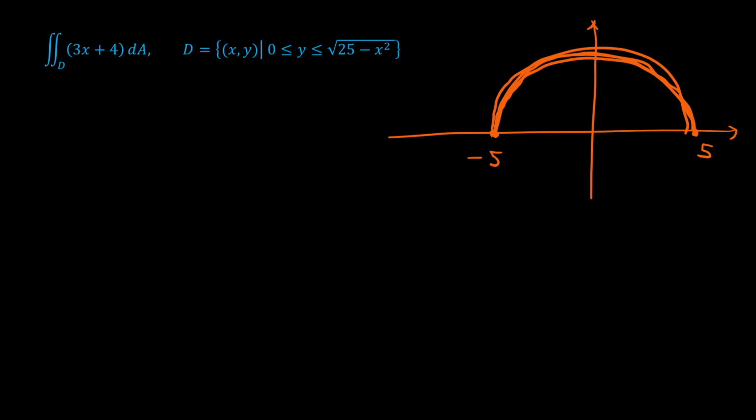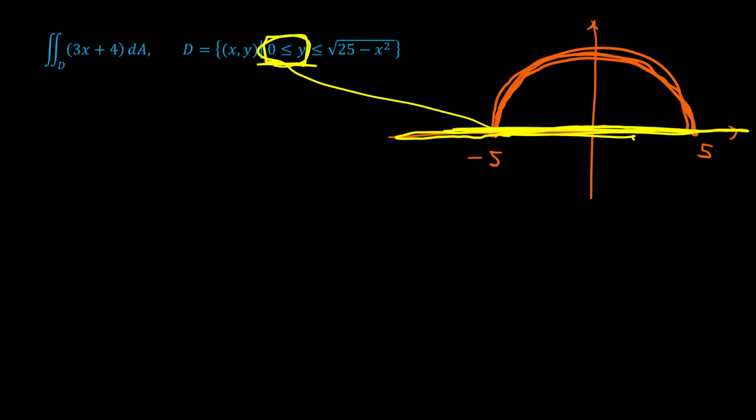But here, y is between 0. What is y equals 0? y equals 0 is this, the x-axis basically. y is from 0 and it continues up to this curve here.